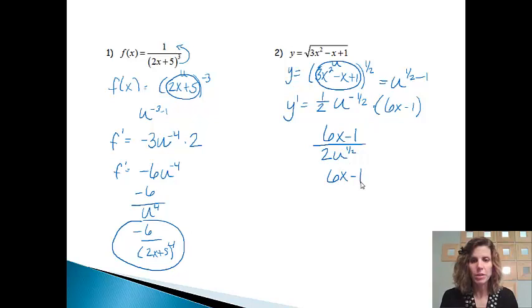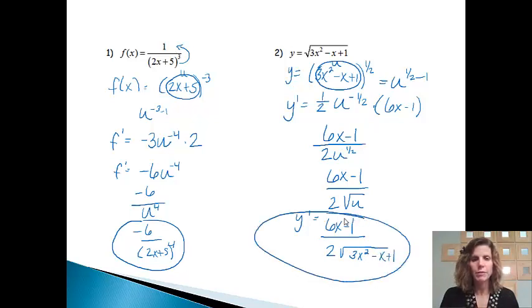I'm going to have 6x minus 1 over 2. U to the 1/2 is actually the square root of u. And now my final step is to replace my u back into the problem. So my derivative is equal to 6x minus 1 over 2 square root 3x squared minus x plus 1. And there is my derivative.